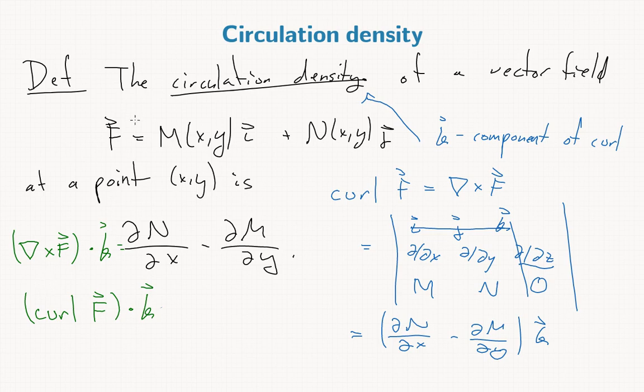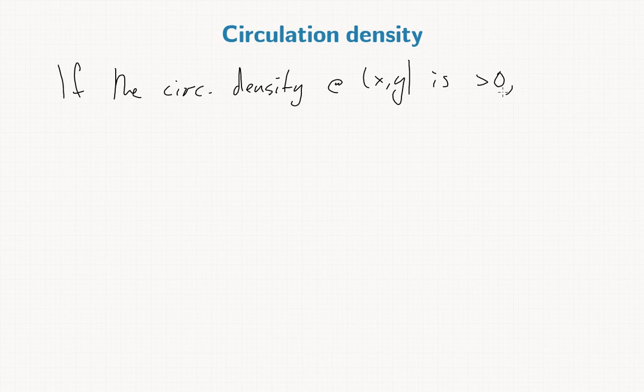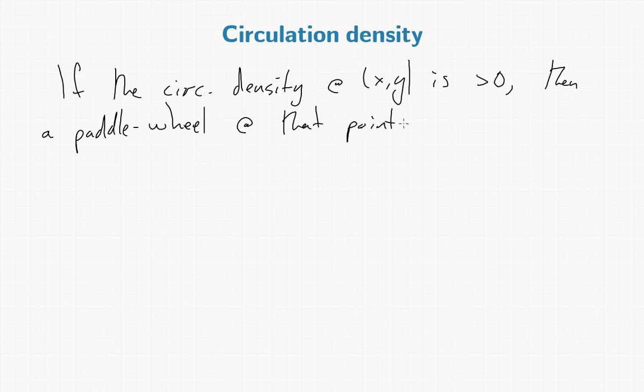So how should we interpret this definition? If the circulation density at a point (x, y) is greater than 0, then a paddle wheel placed at that point will be pushed.